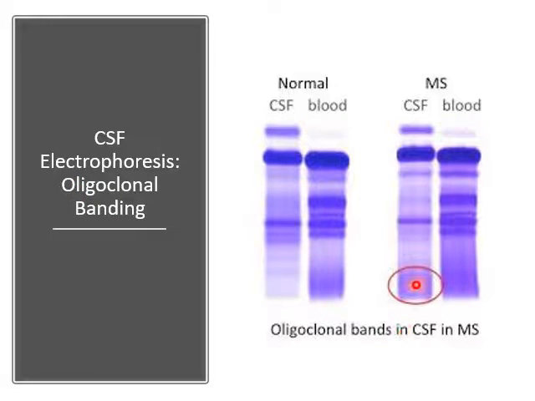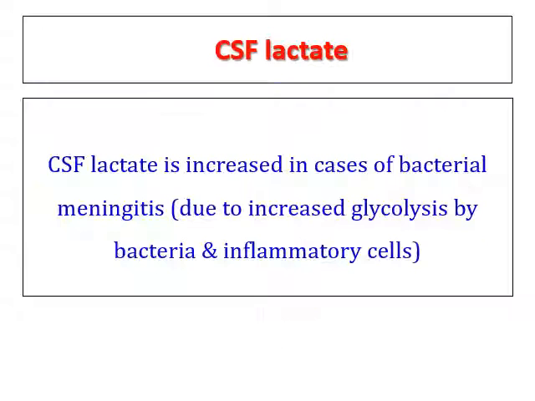When oligoclonal bands are present inside the CSF, it means there is intrathecal synthesis of immunoglobulin, which is distinctive from the blood immunoglobulin. As regards the CSF lactate, it may be increased in cases of bacterial meningitis due to increased glycolysis, and lactate will be the byproduct from this process.